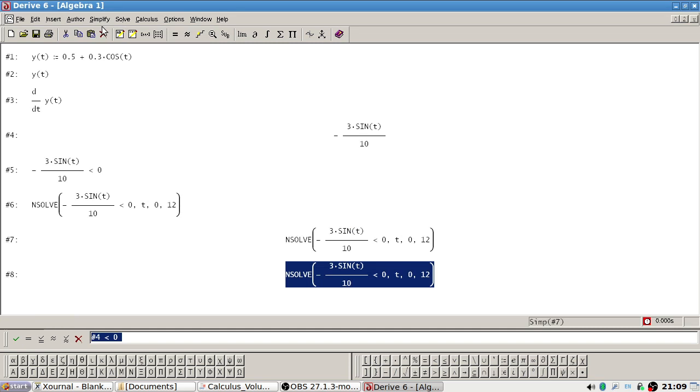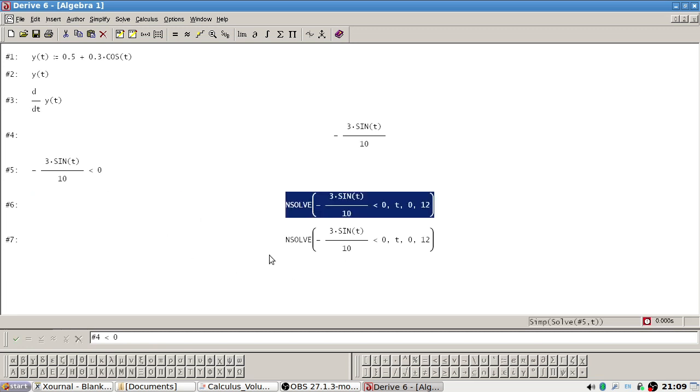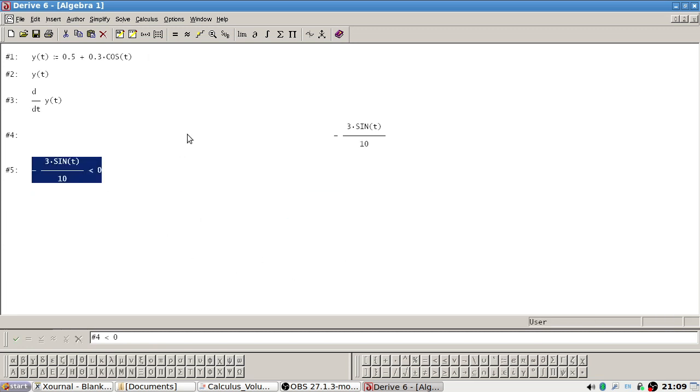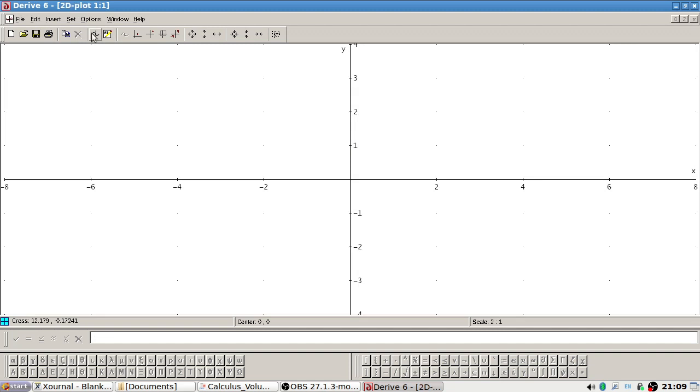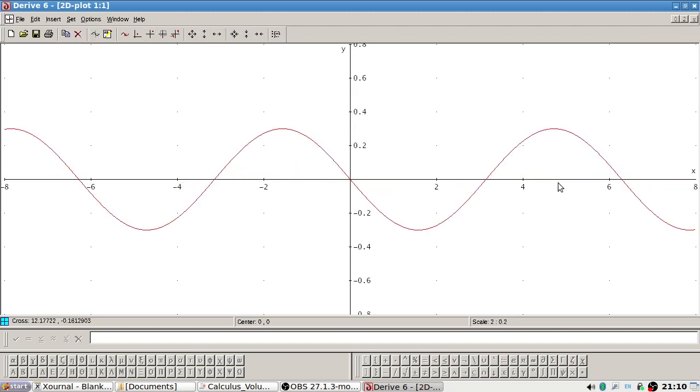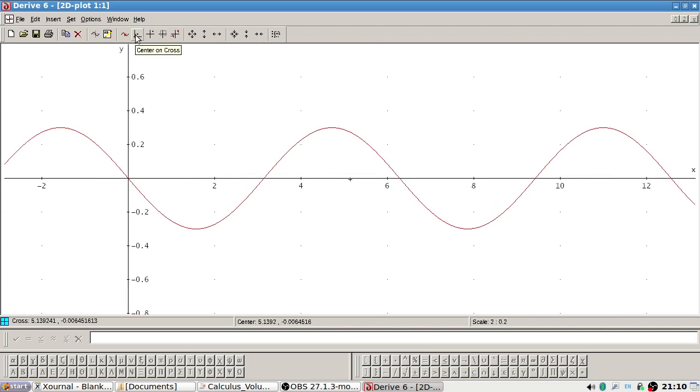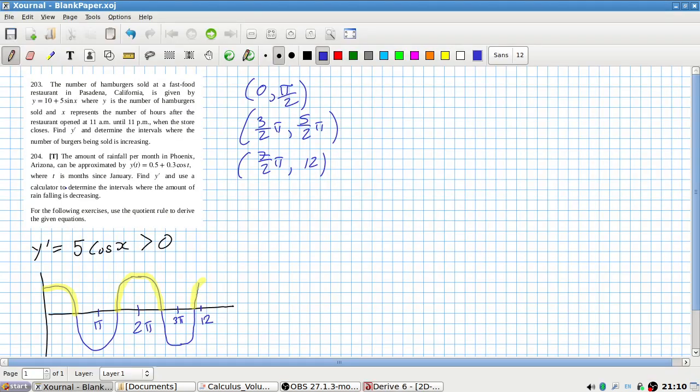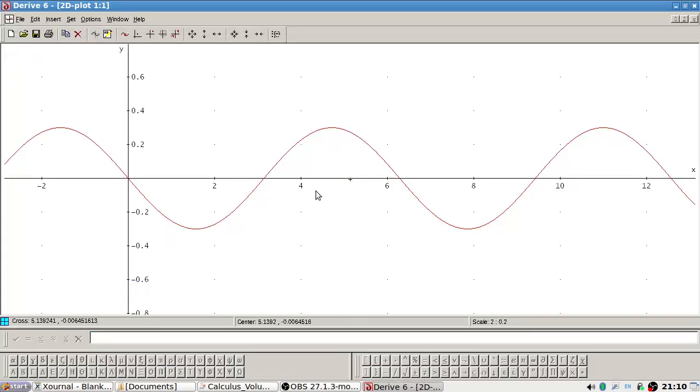Huh? It's weird. Let's plot this. And we'll go here. So, okay. And we're looking for decreasing. Decreasing would mean negative, so that's when it's under the axis.